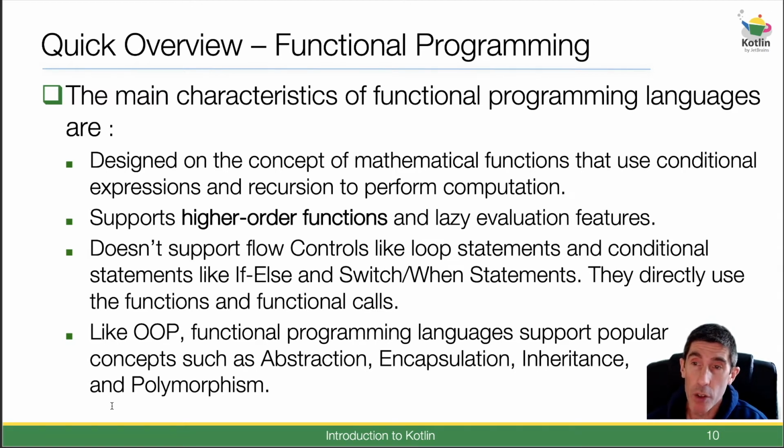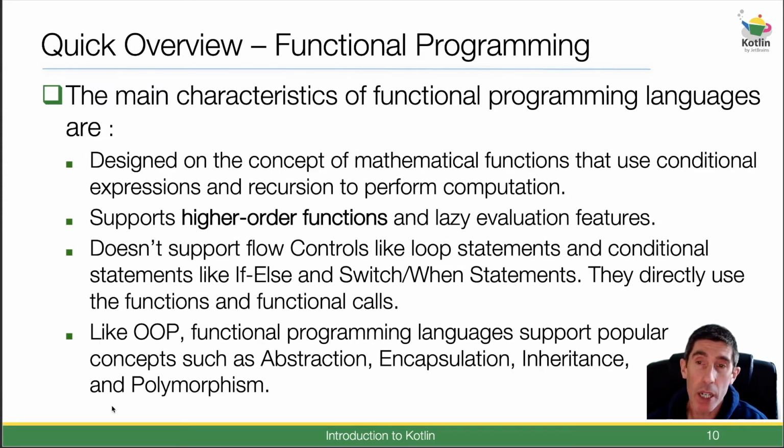Supports higher order functions and lazy evaluation features. We will see this kind of lazy init stuff a bit in the Android side of things. And in terms of higher order functions, basically a function is referred to as a higher order function if it can accept at least one function as a parameter and return a function as a result. It doesn't have to, but if it can, it's a higher order function.